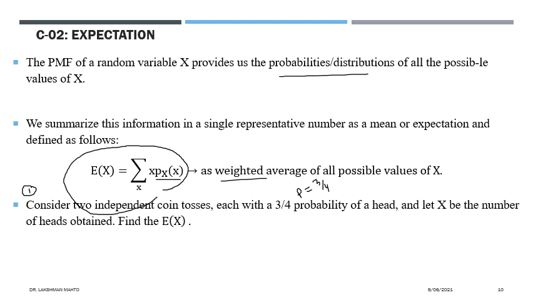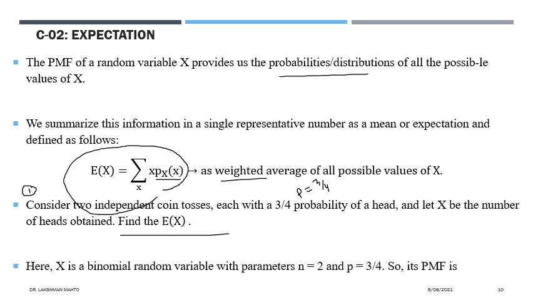Now if x is a binomial random variable, then we have a probability distribution, or probability mass function, for it. The question is to find the expectation of x, that means the representative element, average value or mean value. How can we find it? Before that, we have to see what values x takes and what the corresponding probability mass function is.